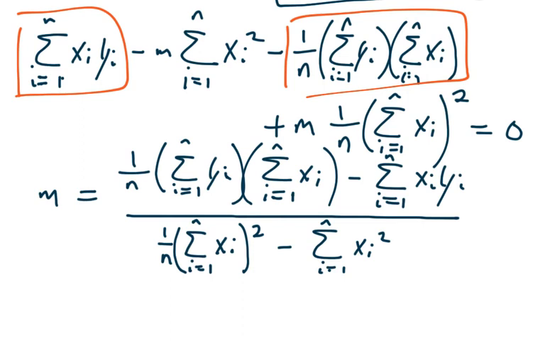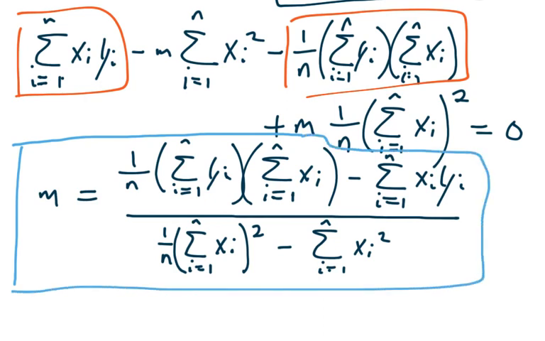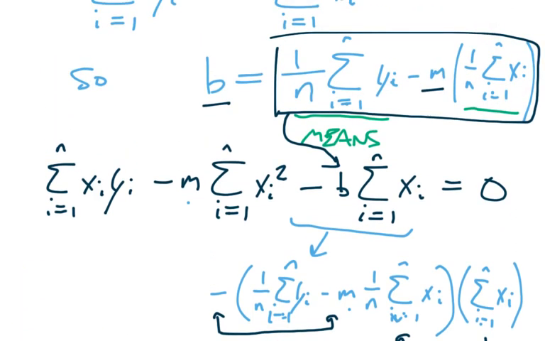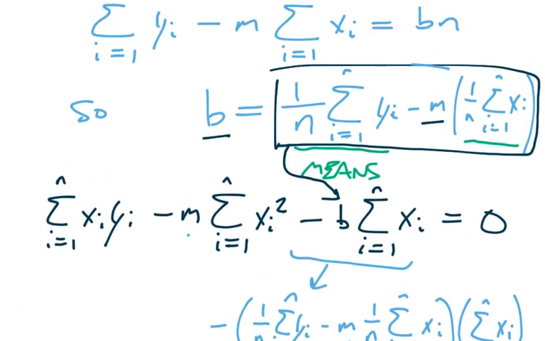Right, so there is a formula for the slope of your line of best fit. It is not the most attractive formula I've ever seen in my life, but there it is. And the formula for b, of course, is right here.